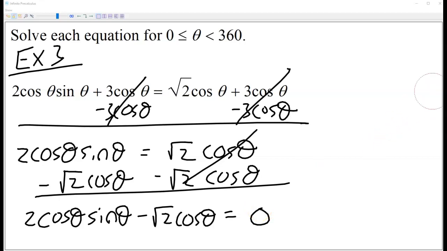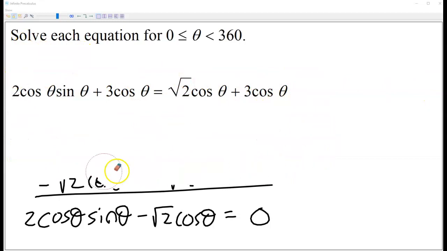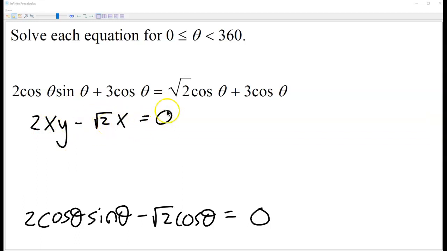The next step in the process is to replace the trig functions with some letters. So I'll go ahead and I'll call the cosine x, and I'll call the sine y. Then we're going to go ahead and factor.